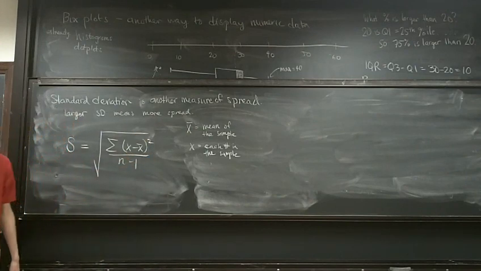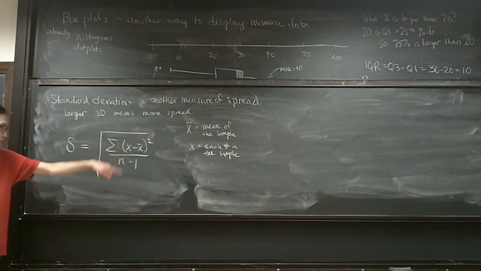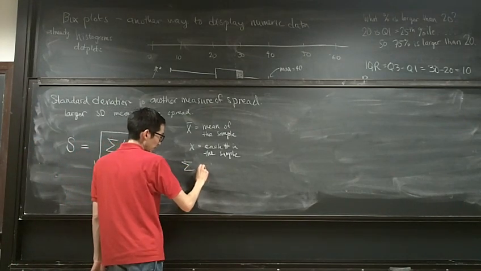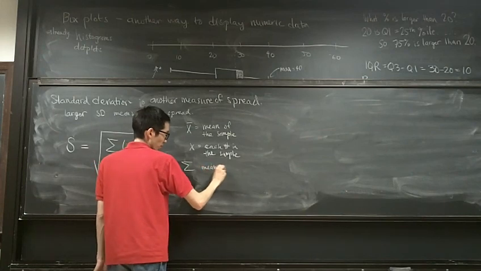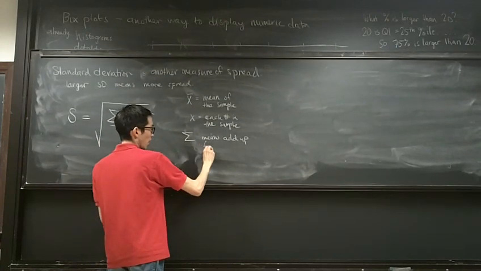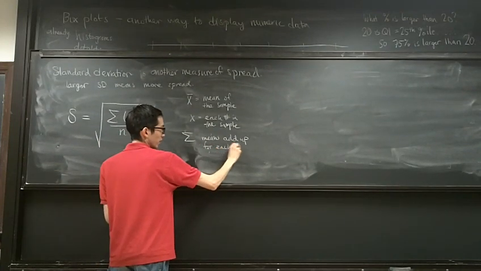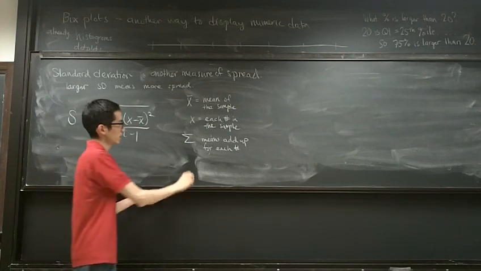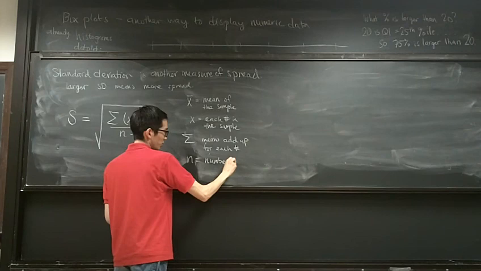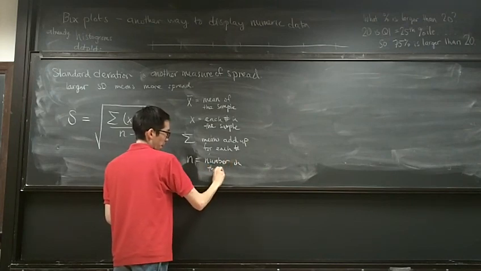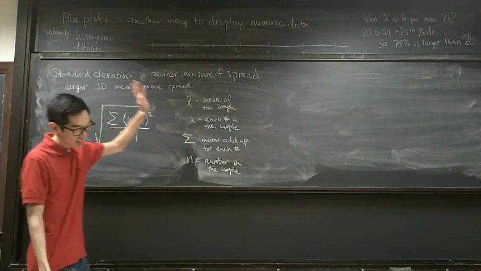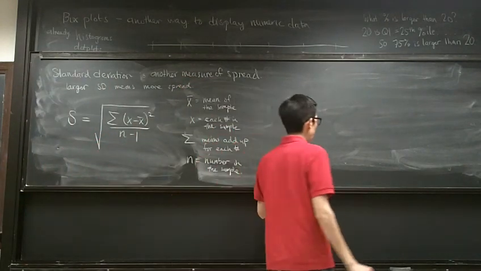We know what squaring is, and we know what square root is. The sigma means to add up, add up for each number. What is n? Number of numbers, the number in the sample. But again, if you don't like formulas, don't worry too much about that.